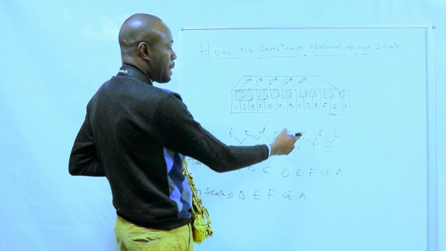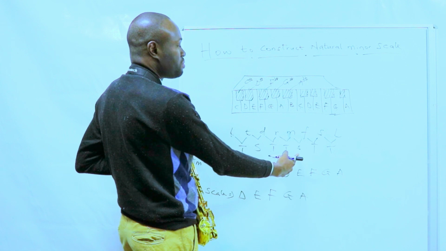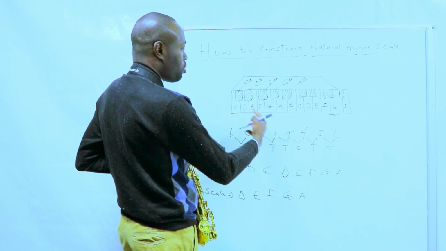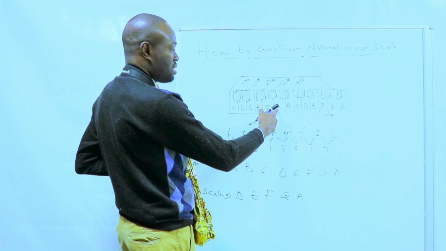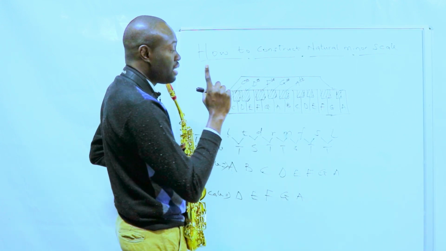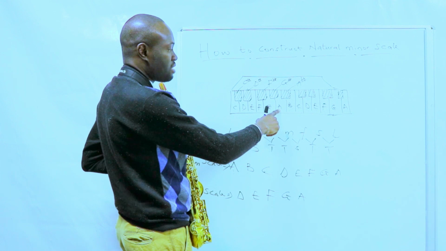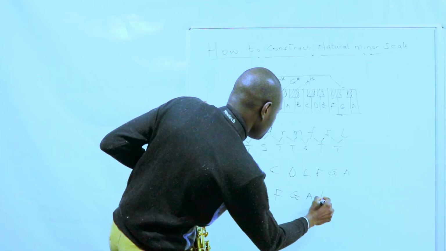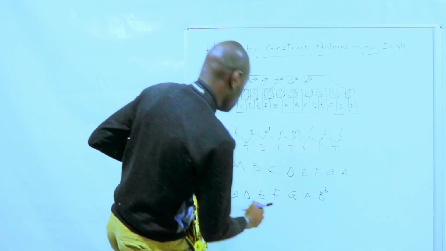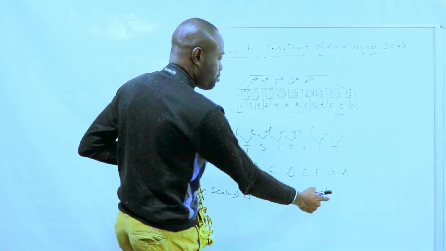Now we need Fa. Between Mi and Fa is a semitone. So we need a note that's going to give us a semitone distance after A, and that's going to be the B flat. La, Ti, Do, Re, Mi, Fa.